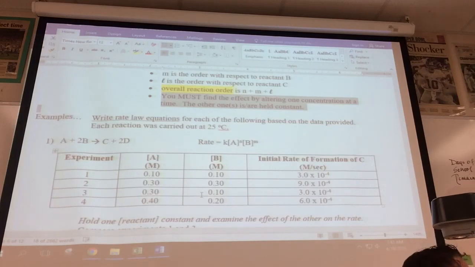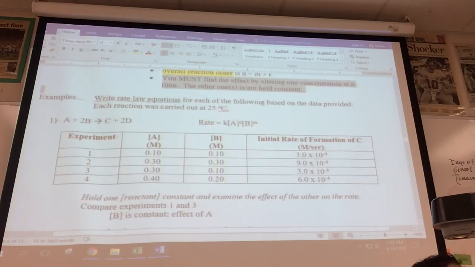The directions will always read something like this. It says, write rate law equations for each of the following based on the data provided. Each reaction was carried out, in this case, at 25 degrees Celsius. Here's my reaction. A and B are reactants, C and D are products.